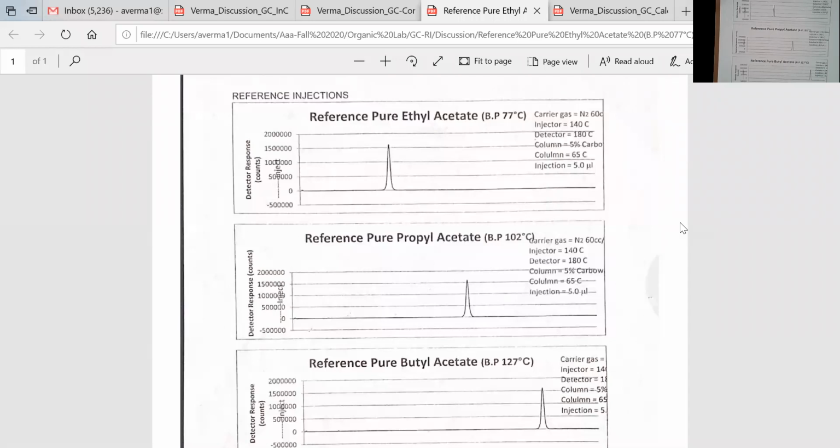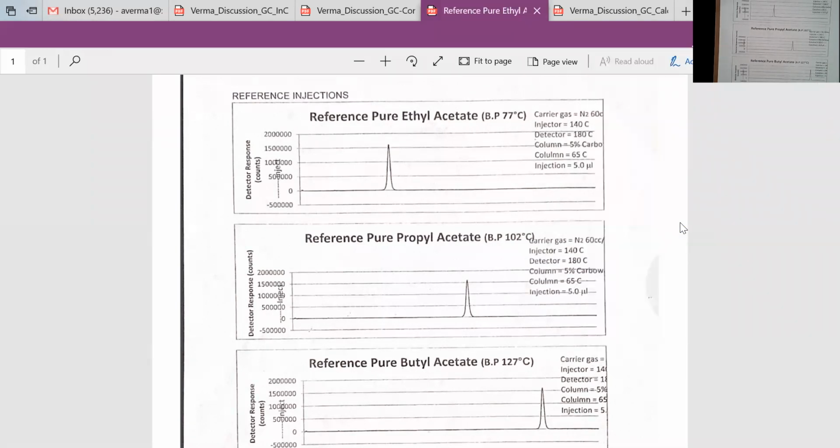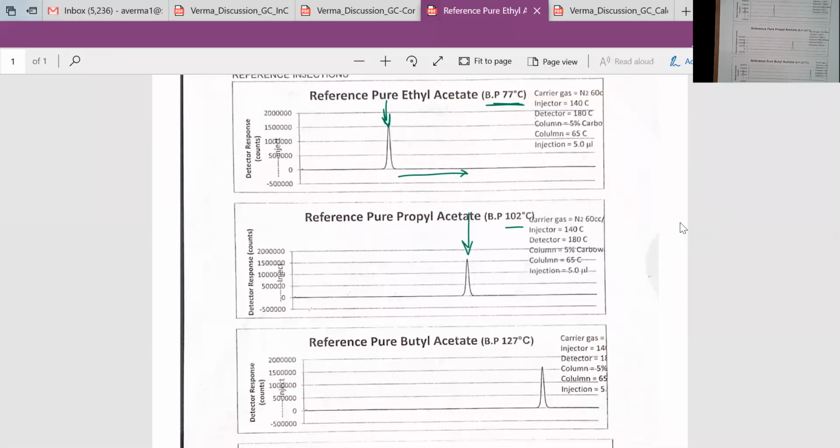Based on boiling points, your material will be retained in the column accordingly. So if you have a lower boiling point, this is where your peak appears. At a little higher boiling point, you will see a shift, and that peak will move from its original location.